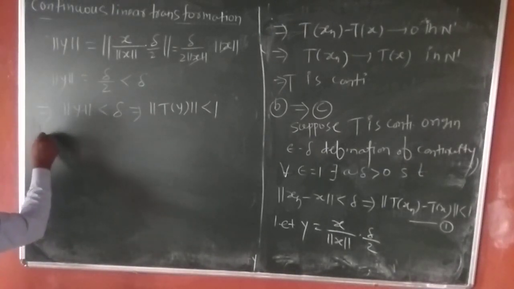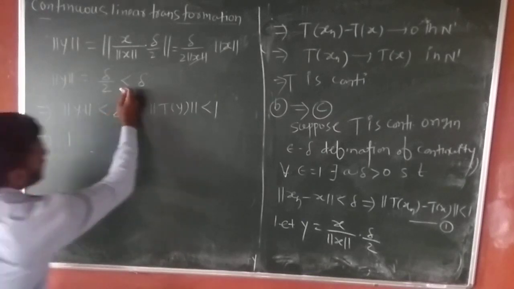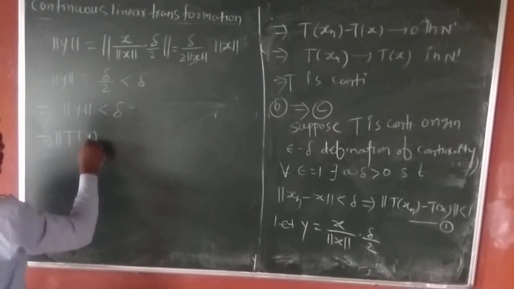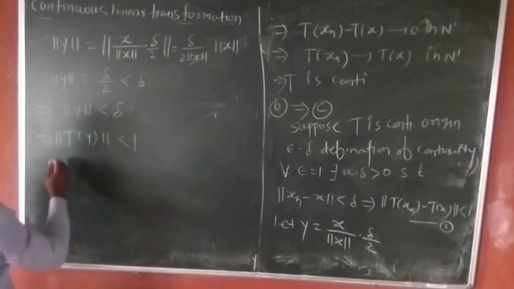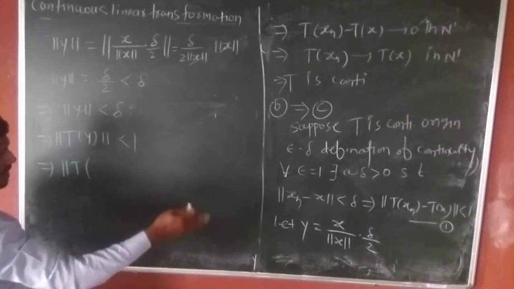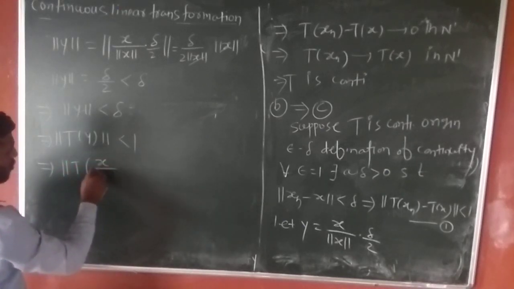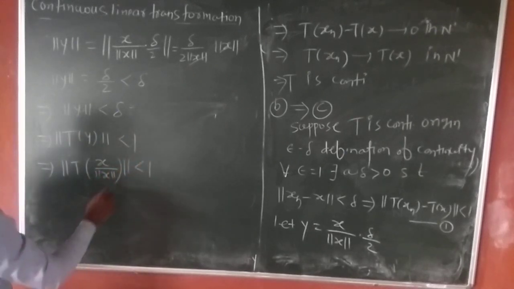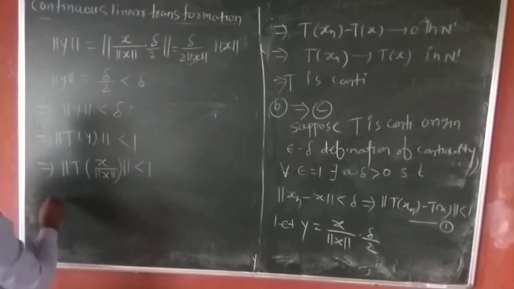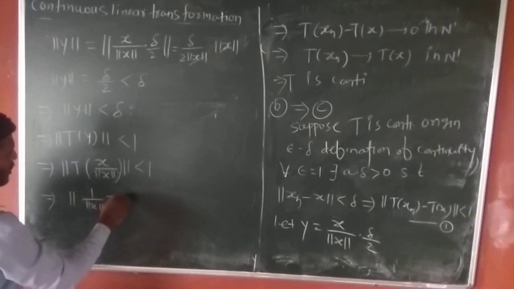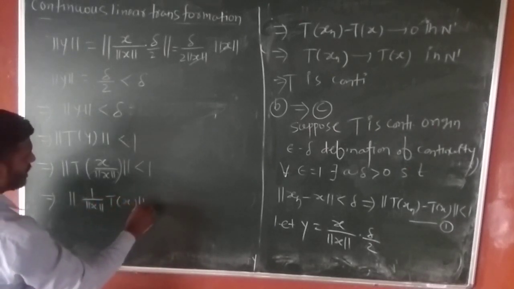This implies that norm of T of y is less than 1. But we know that y is nothing but x upon norm of x, multiplied by delta by 2, so norm of T of that is less than 1. This is a scalar quantity, and we know that T is a linear transformation, so we can take the scalar out, into T of x, that is less than 1.